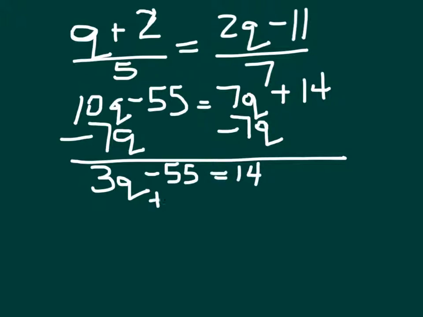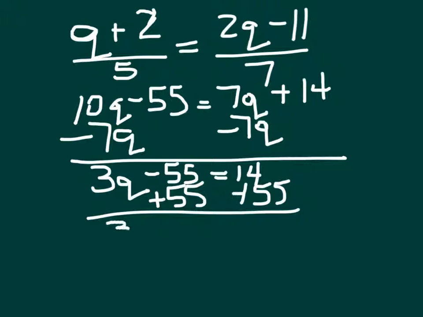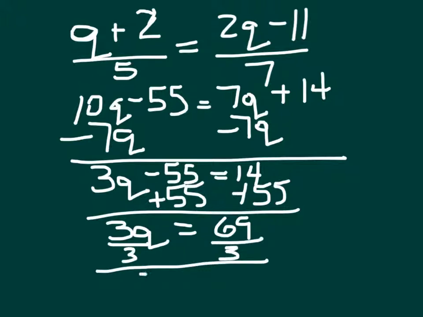We add 55 to both sides, and that gives us 3q equals 69. Divide both sides by 3, and that gives us q equals 23.